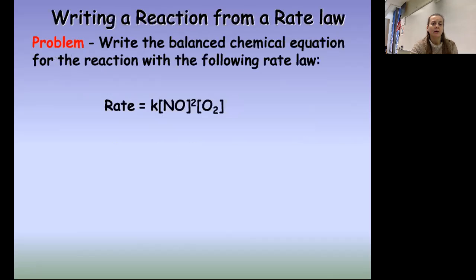We should be able to go the other direction as well. So if we're given a rate law, we should be able to write the balanced chemical equation from that rate law. From this rate law, knowing that we have an elementary reaction, we can see that we have 2 molecules of nitrogen monoxide reacting with 1 molecule of oxygen.